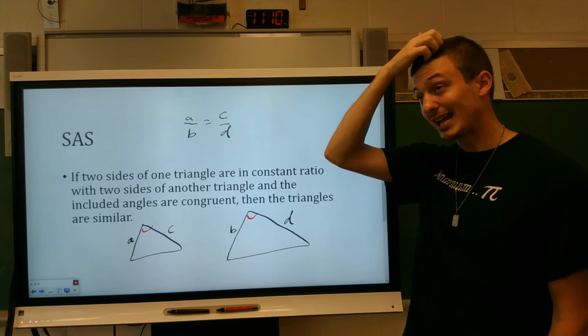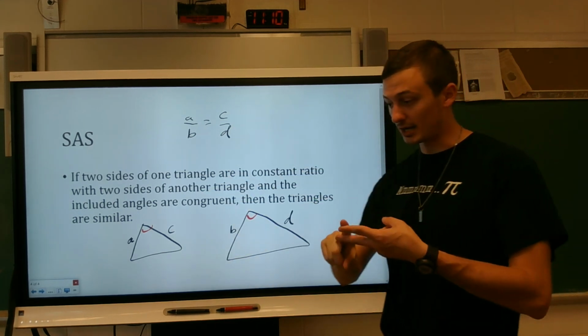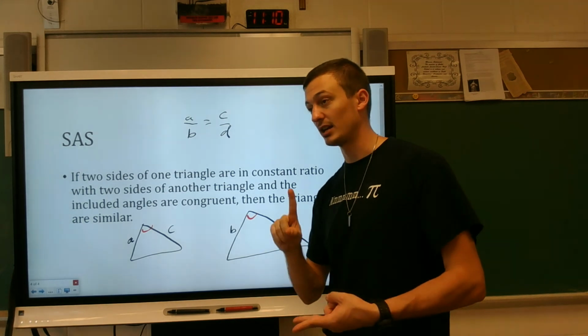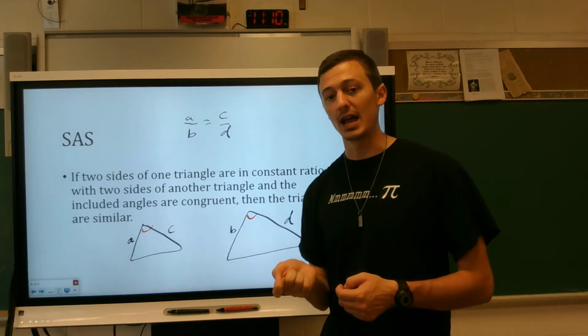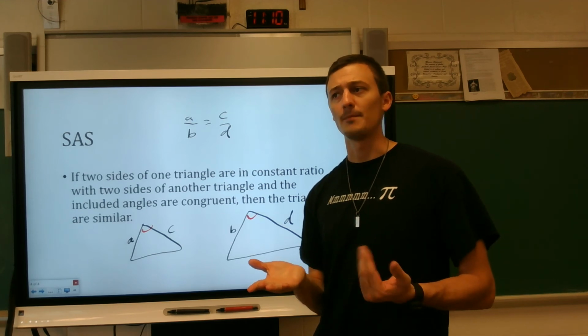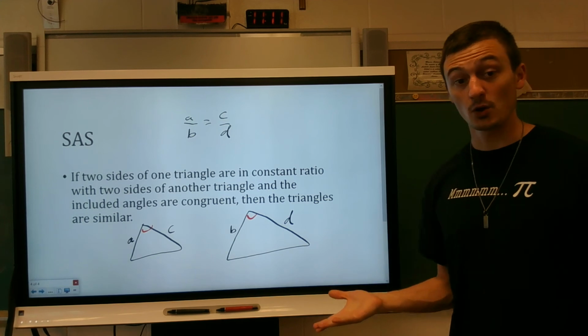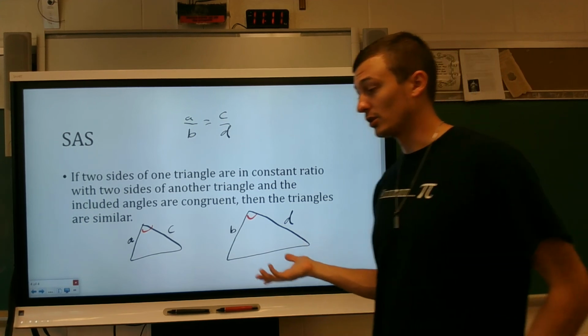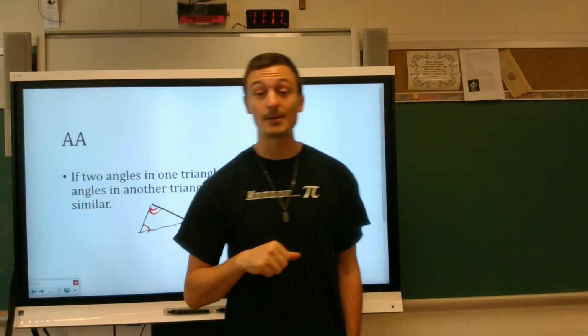Now, technically, the congruence theorems that are not similarity theorems are angle, angle, side, and angle, side, angle also. So you might be asking why. Well, angle, angle, side, and angle, side, angle are the same thing as angle, angle.